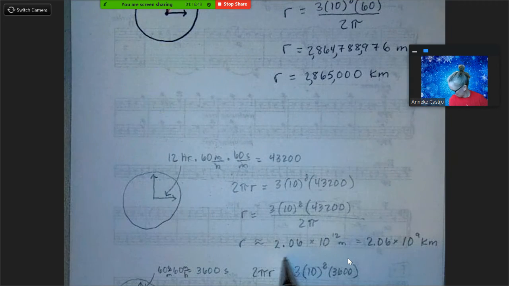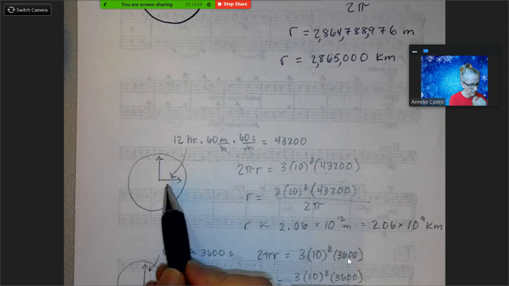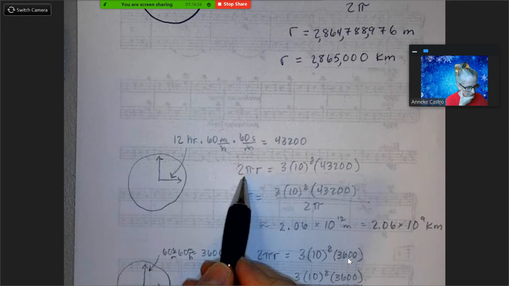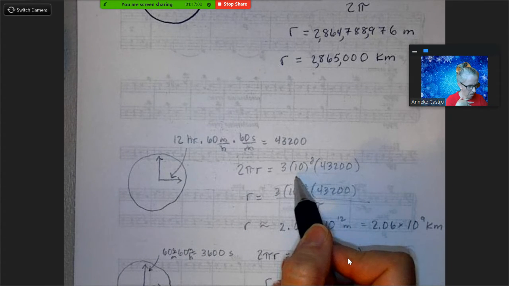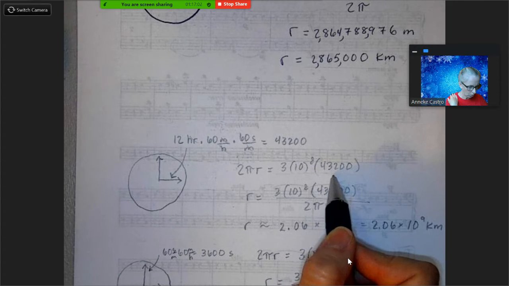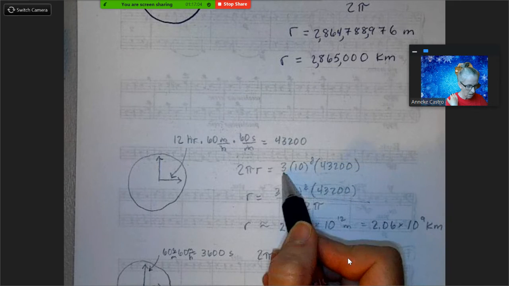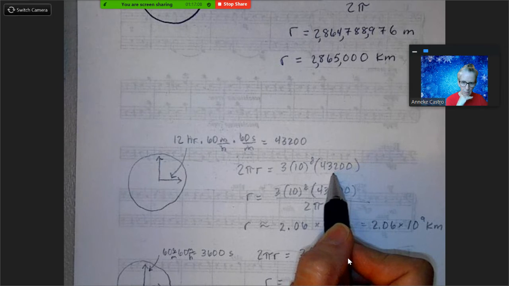And what I figured out is the answer that they got in the back of the book actually comes from the hour hand. So if you take the hour hand, the circumference of the circle is going to be equal to the rate that it's moving at, the speed of light, times how long it takes it to get around the circle. So this would be in seconds because the speed of light is in meters per second. So I need to multiply by seconds.